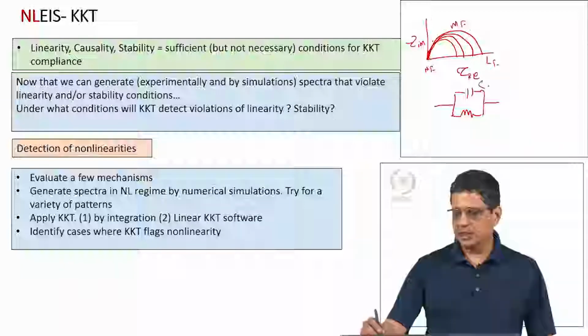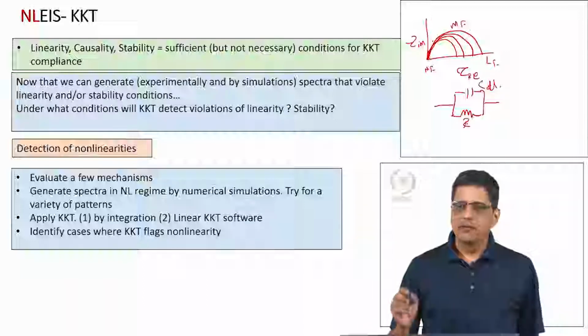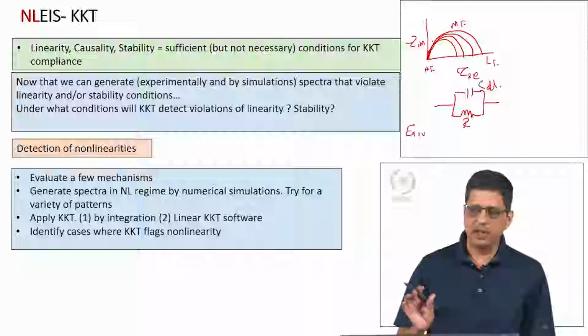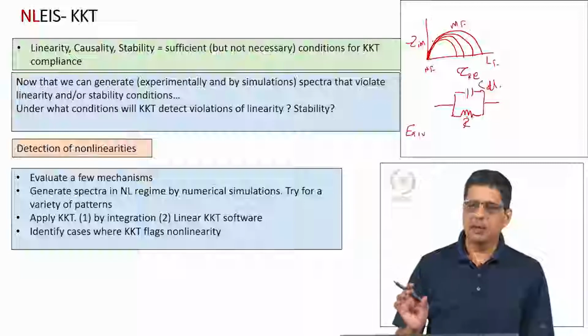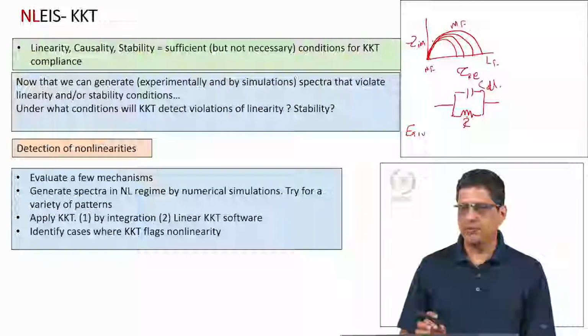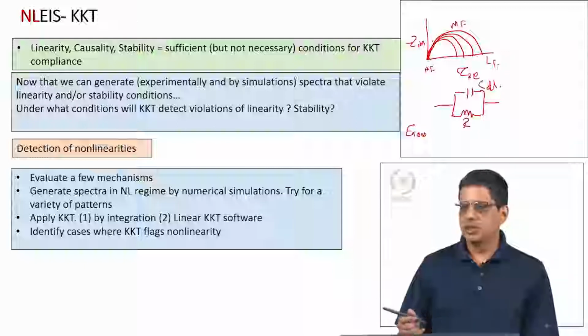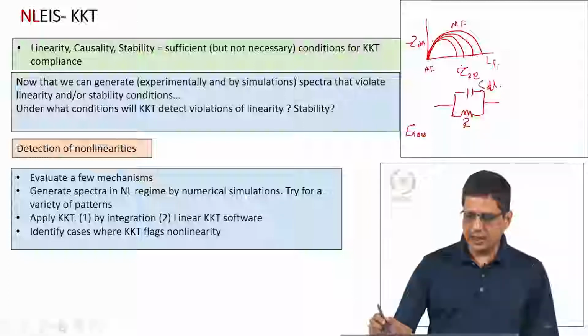So, double layer capacitance here, and this resistance, when the perturbation amplitude is small, will be a constant depending on the kinetic parameter values and the DC potential, but that is going to be fixed. When we increase the perturbation amplitude to 50 millivolts, 100 millivolts, this will become a smaller resistance, but still it is a constant resistance, a constant impedance independent of frequency, and all these spectra will be KKT compliant.